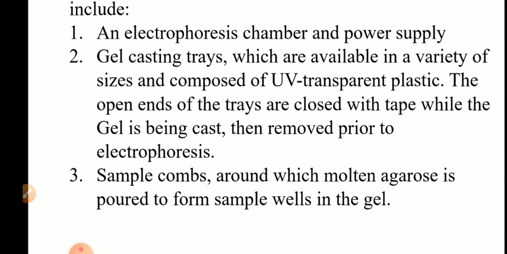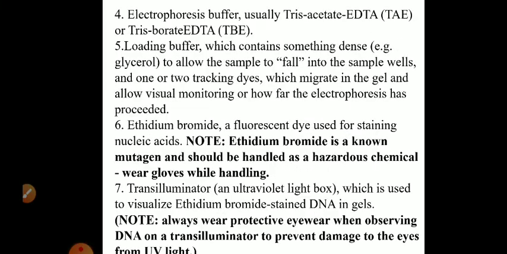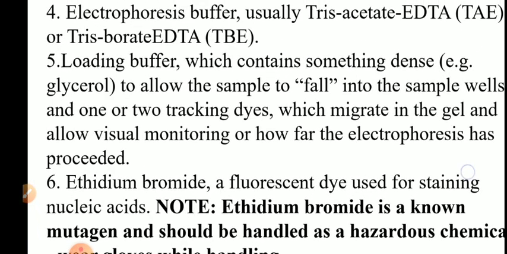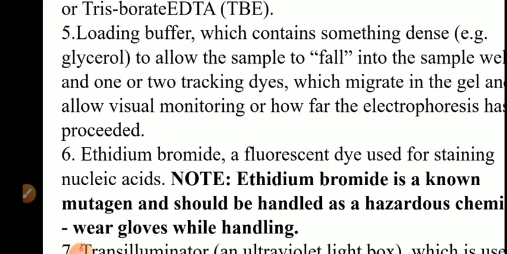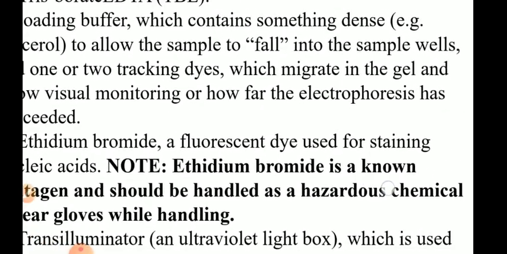Sample combs, around which molten agarose is poured, form sample wells in the gel. Electrophoresis buffer is usually TAE buffer, tris acetate EDTA, or TBE buffer, tris borate EDTA. Then loading buffer, which contains something dense, like gel loading dye, allows the sample to fall into the well.